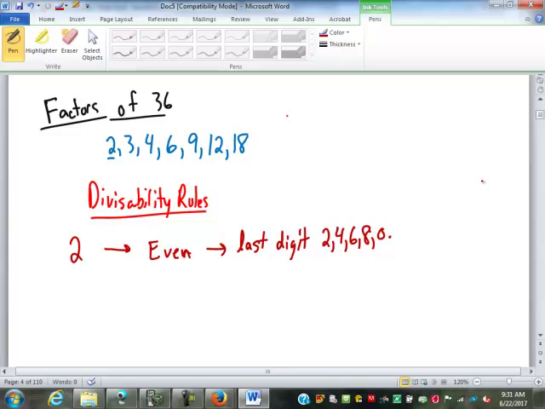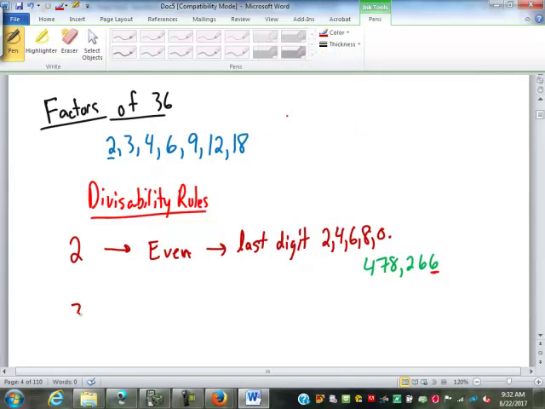So basically, if the last digit of a number is divisible by 2, the whole number is divisible by 2. So here, is that number divisible by 2? Yes, it is, because that digit's divisible by 2.